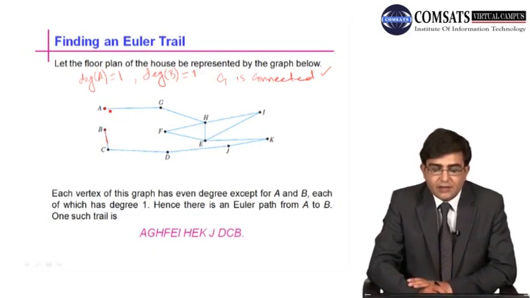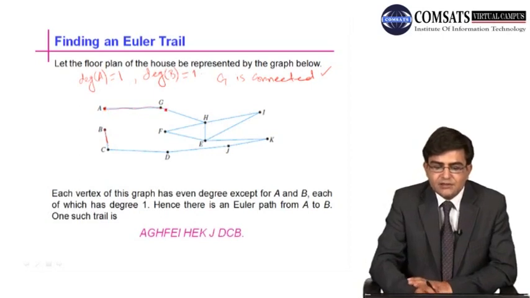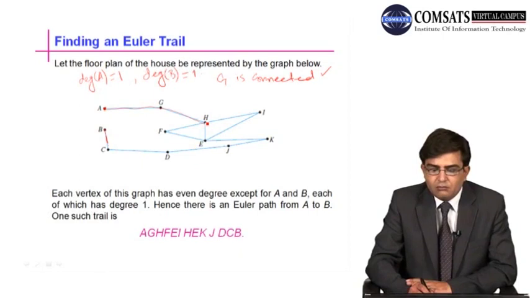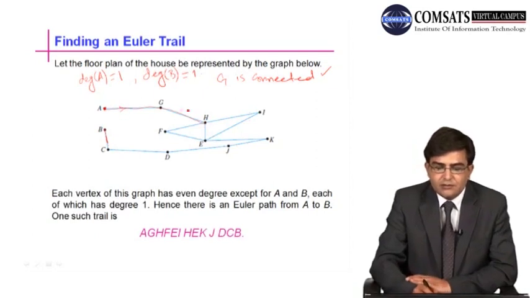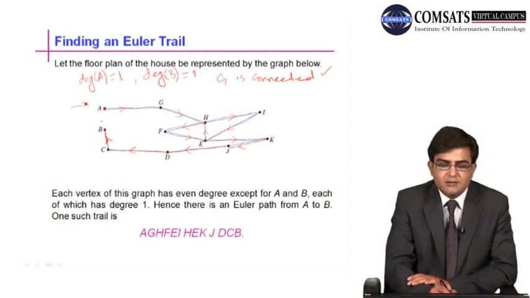You can construct an Euler path here from A to G, G to H, you can go H to F, you can go H to I. There is another path, so this H to I to E, E to again H, H to F, H to E, E to K, K to J, J to D, D to C, and C to B. So here he comes in, and from here he goes out.